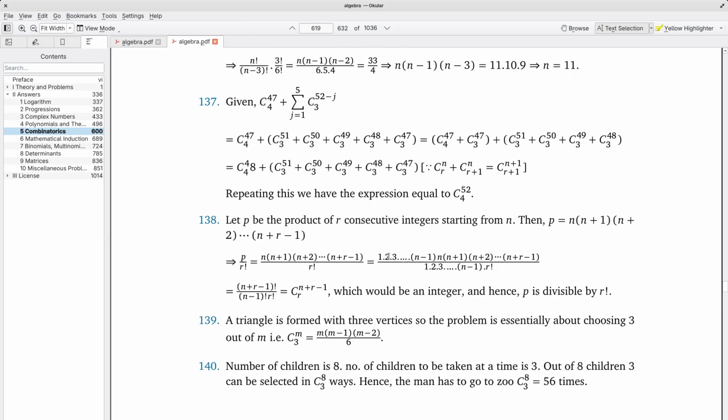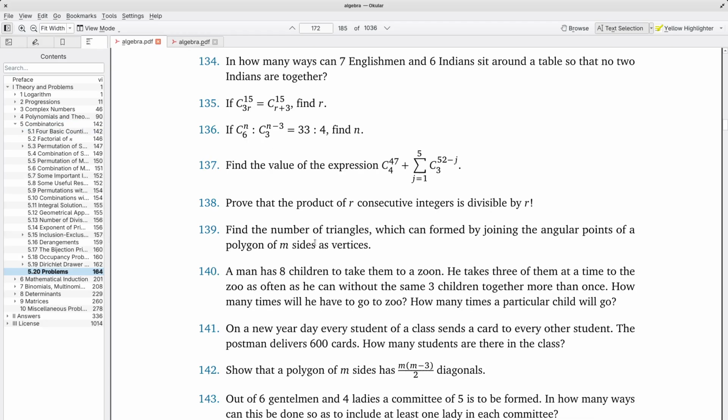Now we multiply the numerator with 1 multiplied by 2 multiplied by 3 up to n minus 1, and we divide by that as well. So what we have on the top is n plus r minus 1 factorial, and in the denominator we have n minus 1 factorial multiplied by r factorial, which is n plus r minus 1 Cr, which will be an integer, and hence P is divisible by r factorial.